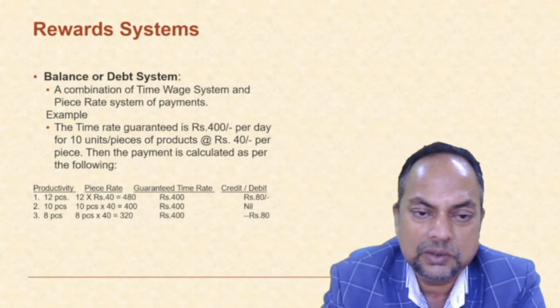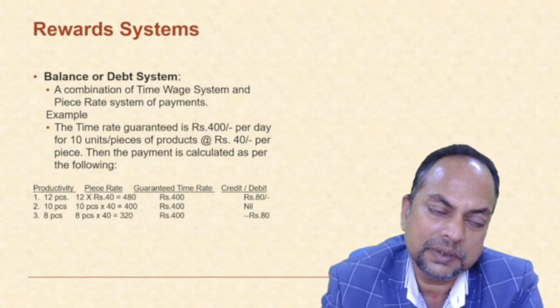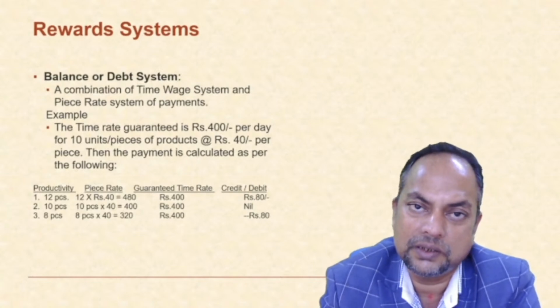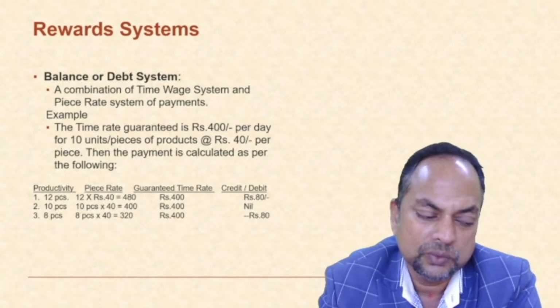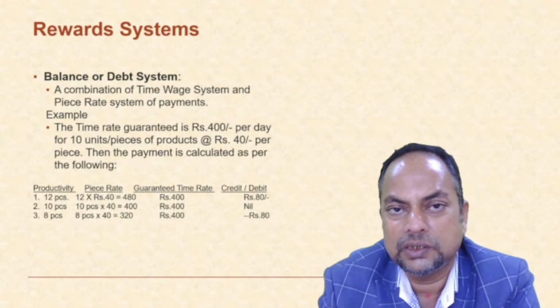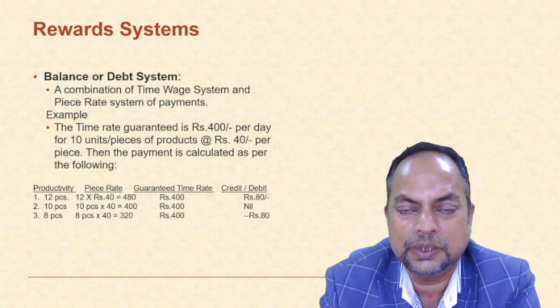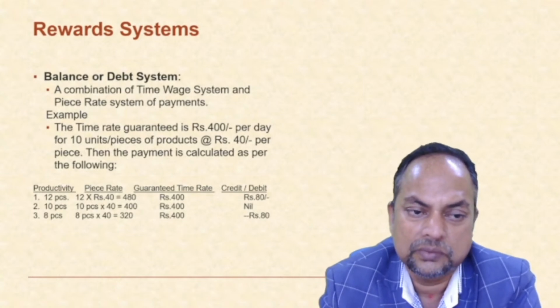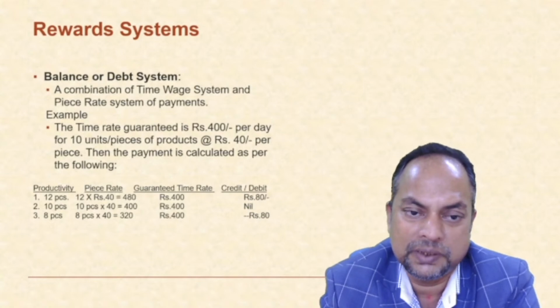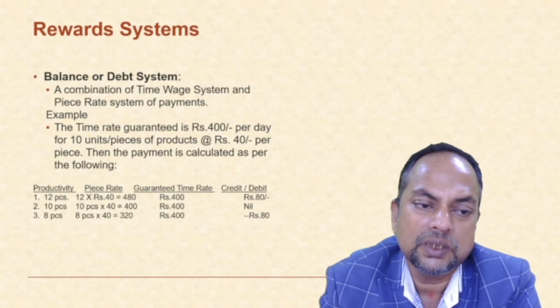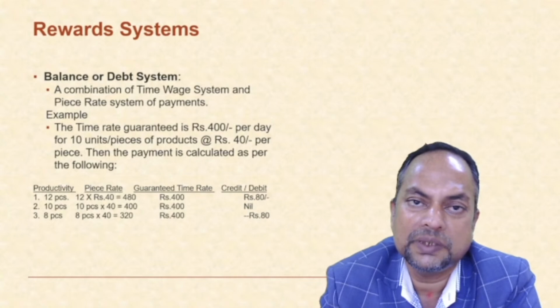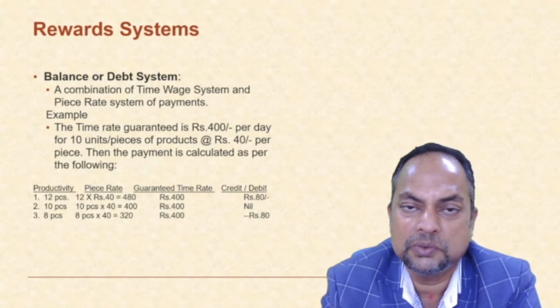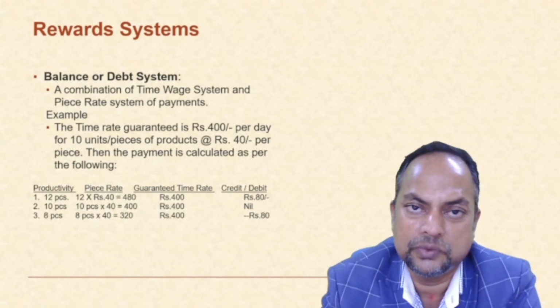So here, how is the payment calculated? I have taken three important cases, three possibilities. One worker is producing 12 pieces of product. We said we need to cover it through both payment systems. So in terms of the piece rate system, it will be 12 multiplied by 40, equal to 480.